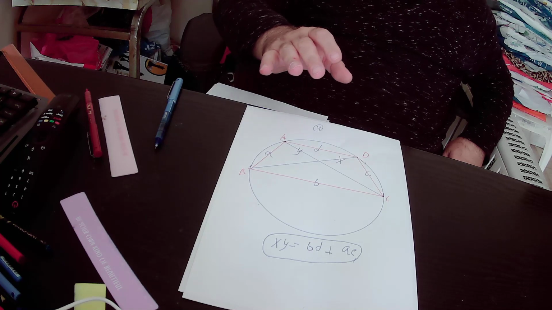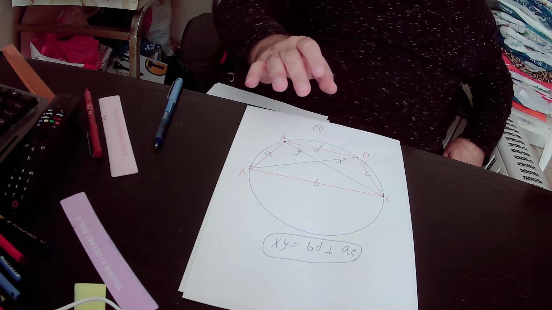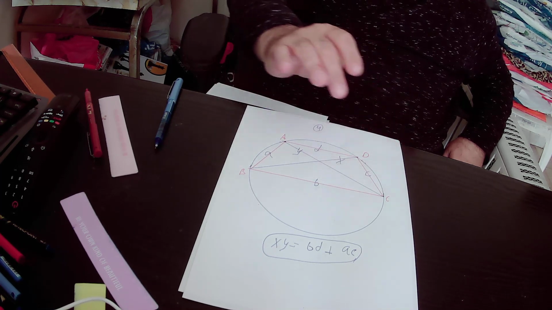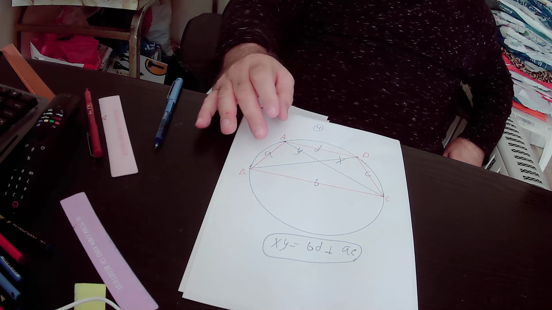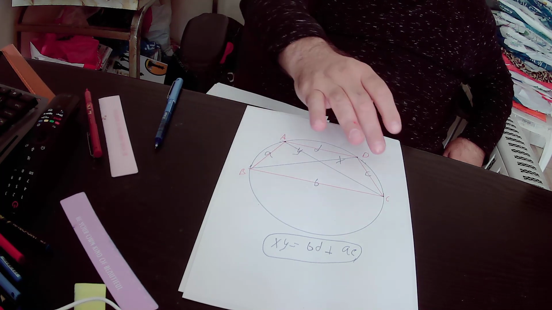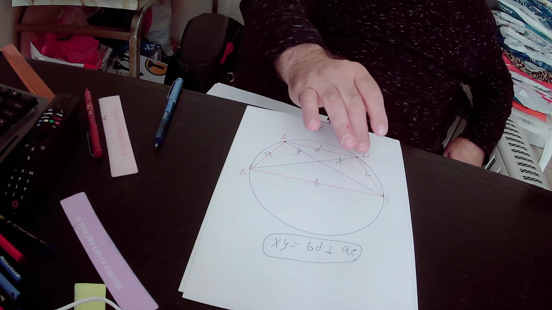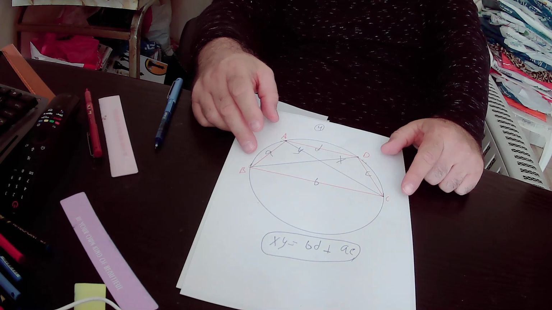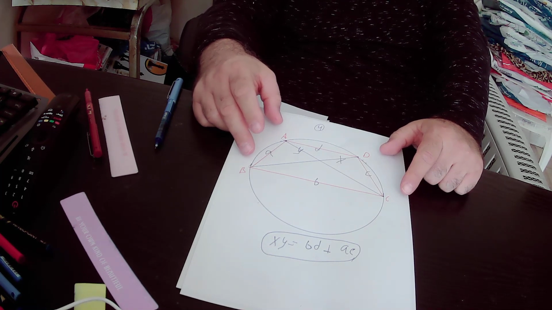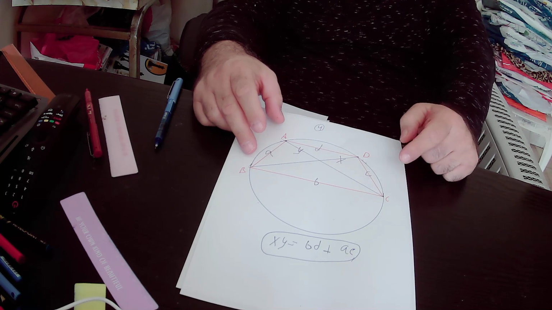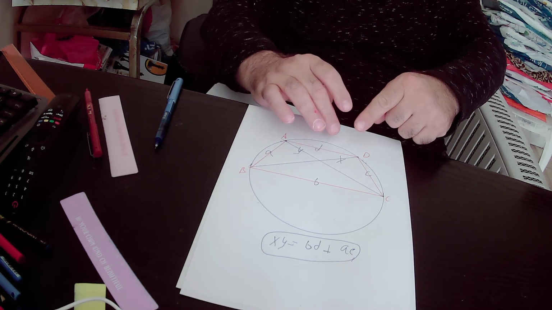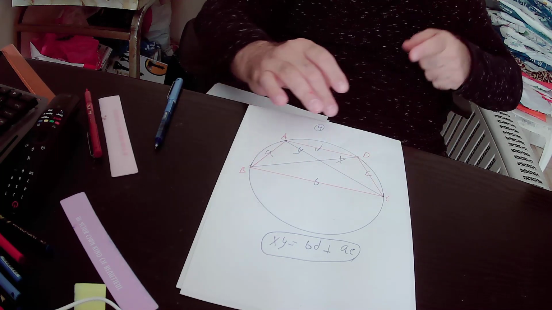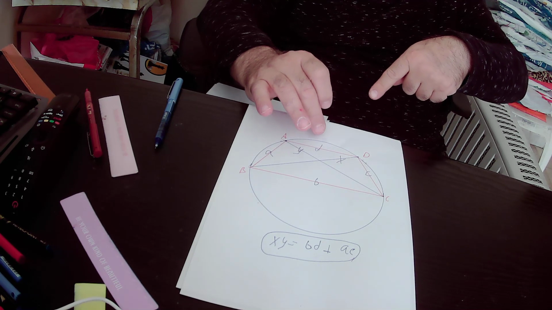Quadrilateral ABCD has two pairs of opposite sides. The first pair is side AB opposite to side CD, and side AB equals A units, side CD equals C units, and the product of those two opposite sides is A times C. And the product of the second pair of opposite sides, side AD opposite to side BC, is B times D.